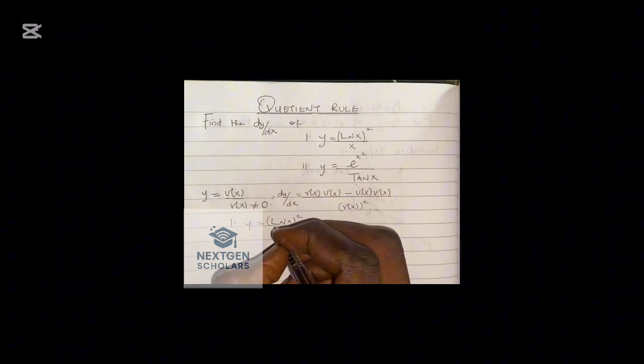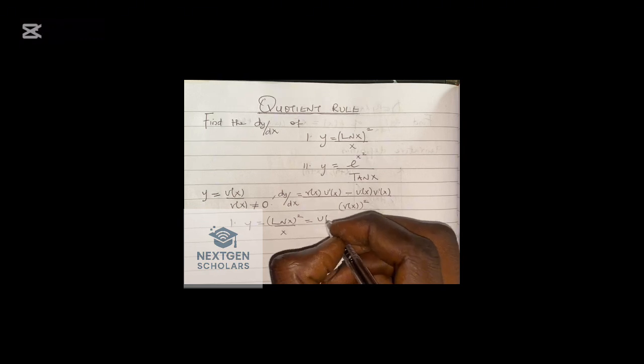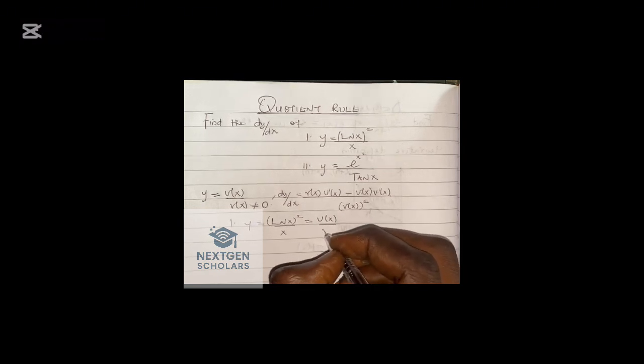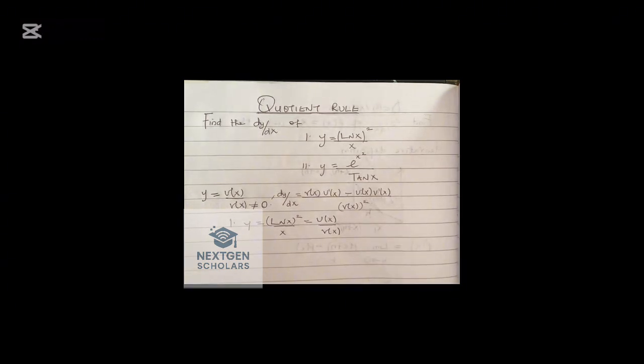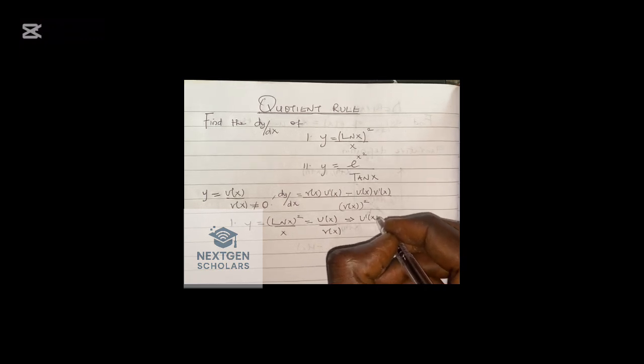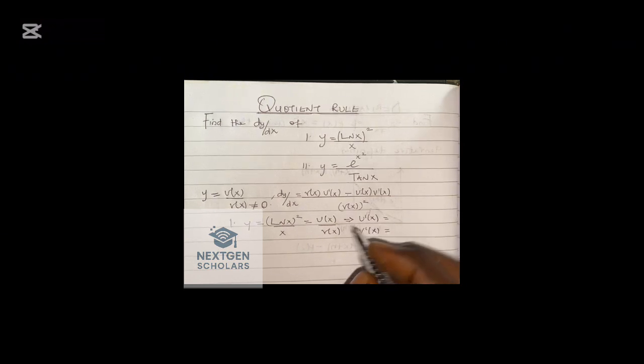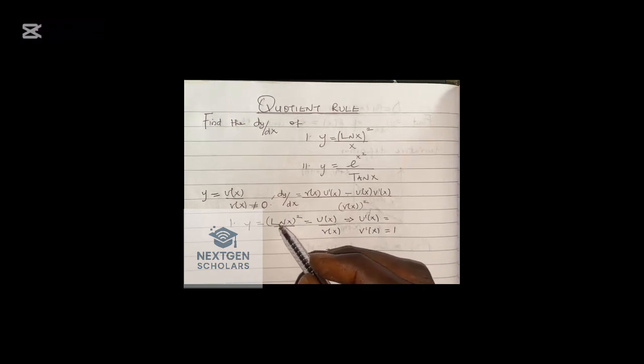So by taking the first problem, y is equal to (ln x) squared all over x, we are sure that the ln x squared is u of x, and this x here is v of x. Now we need u prime of x and v prime of x. v of x is equal to x, and v prime of x is equal to 1. u of x is equal to (ln x) squared.